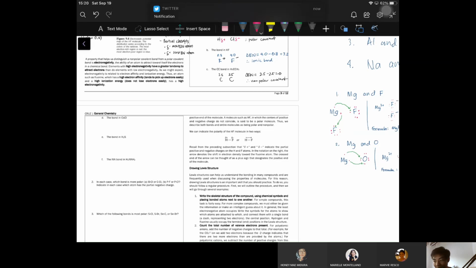Para siyang parang midterm pero hindi siya midterm exam. Parang compilation lang siya ng quizzes. So hindi siya recorded pero you can practice the midterm. Tig-10 items kada chapter for the midterms, para 50 points. Okay? So yun lang.